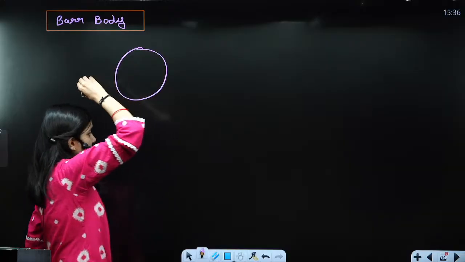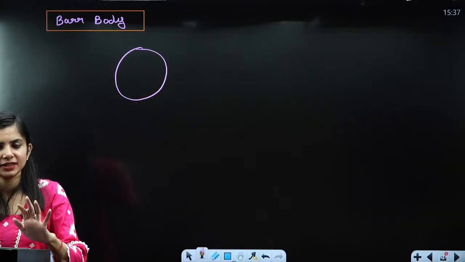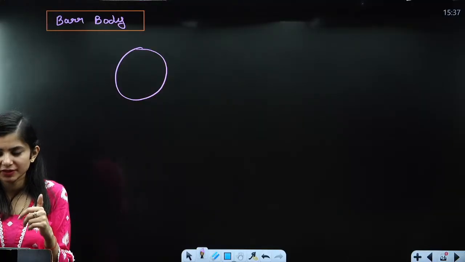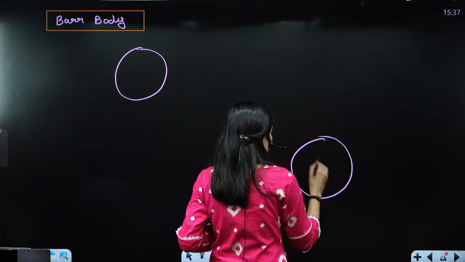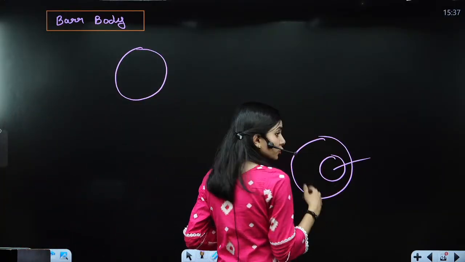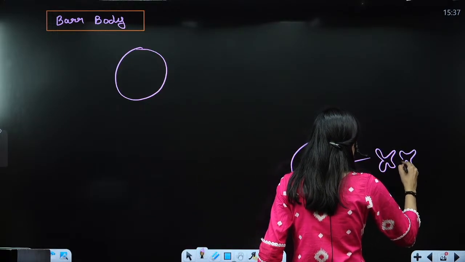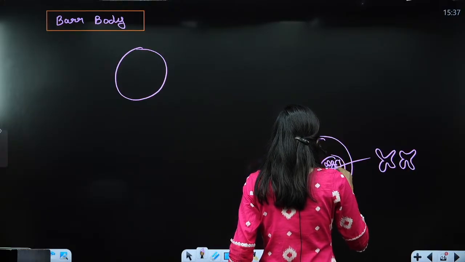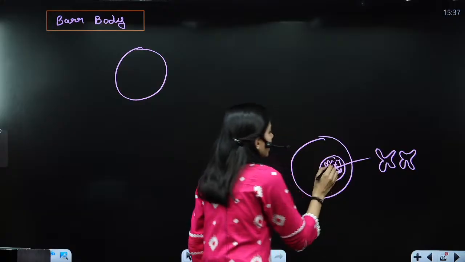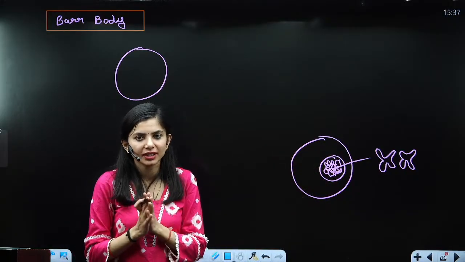It is specified in terms of a circle. Just for your reference, it is specified in terms of a circle because I am denoting the nucleus. You know very well that this is the cell, and the cell has the nucleus. If I zoom it out, I get this type of structure. The chromosomes are tightly packed with each other. So this is how chromosomes are packed inside the nucleus.